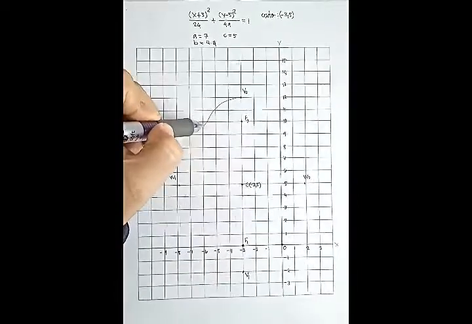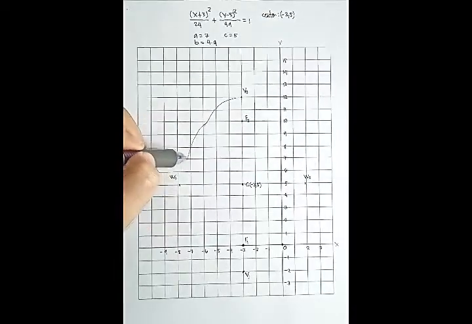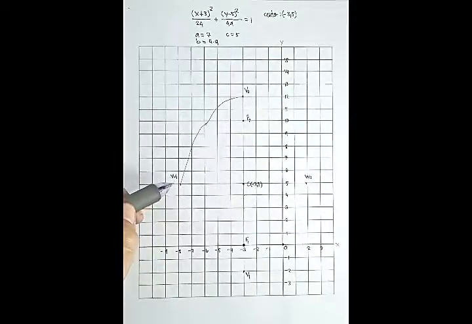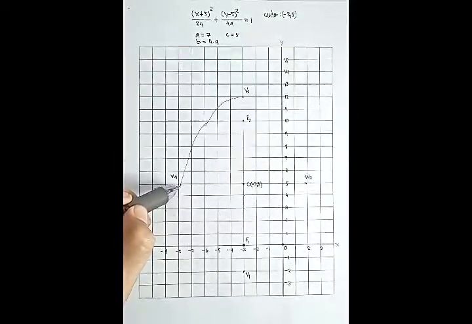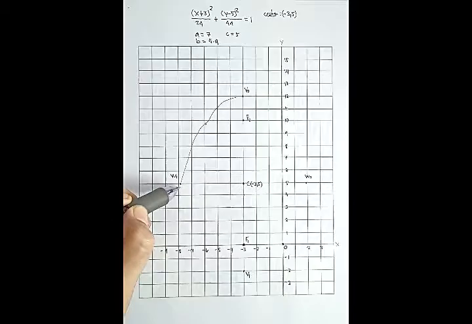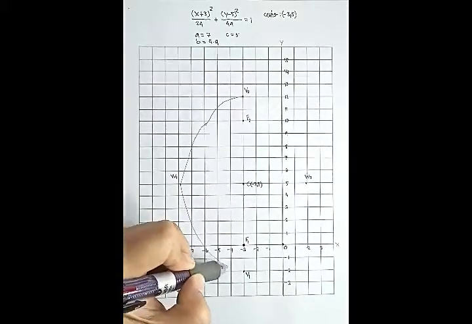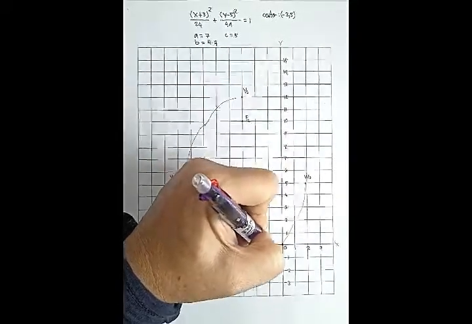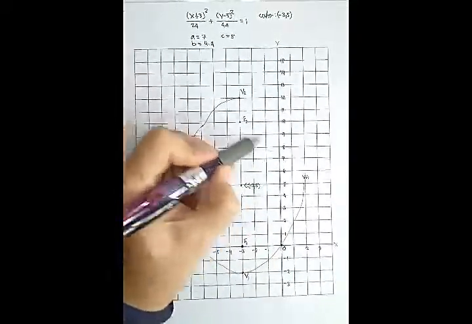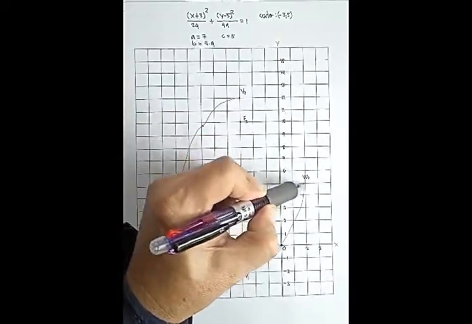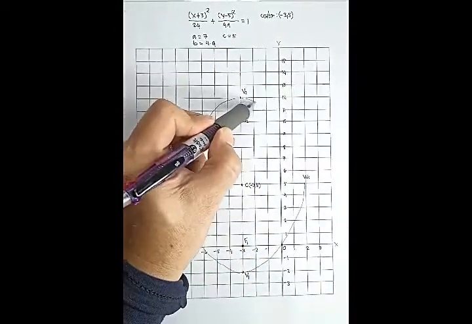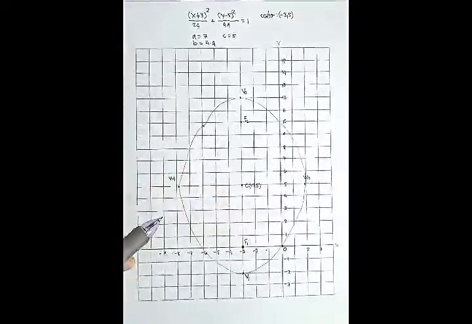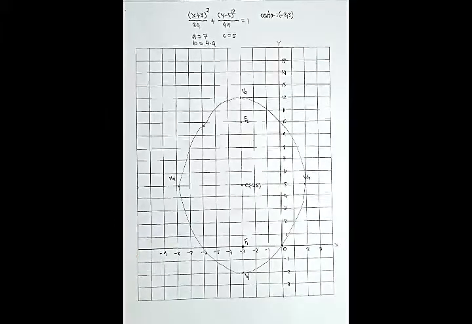So, atong sumpayan ang atong connecting the dots ta W1, then V1, and then padulong sa W2, then dari sa taas bod. So this is now our ellipse.